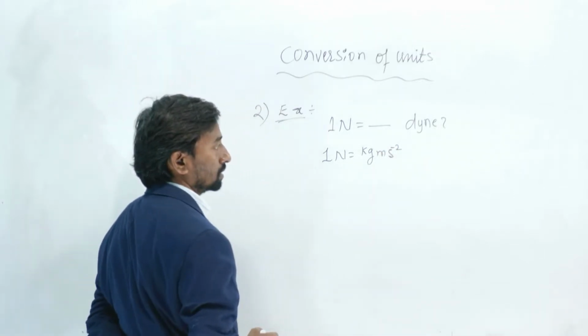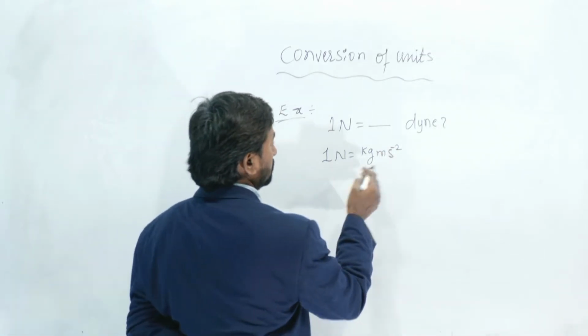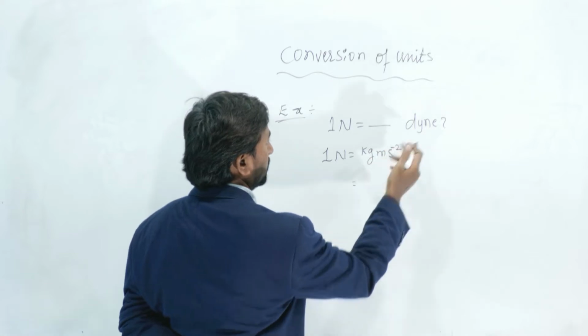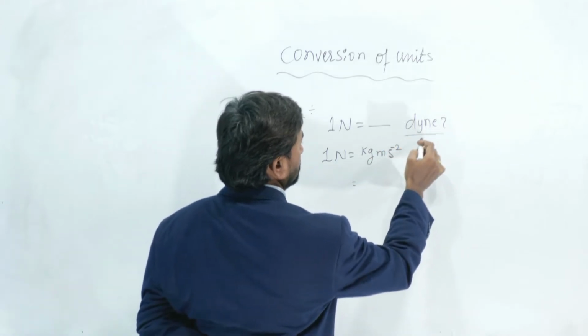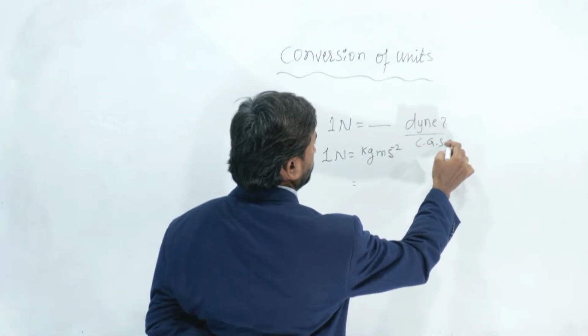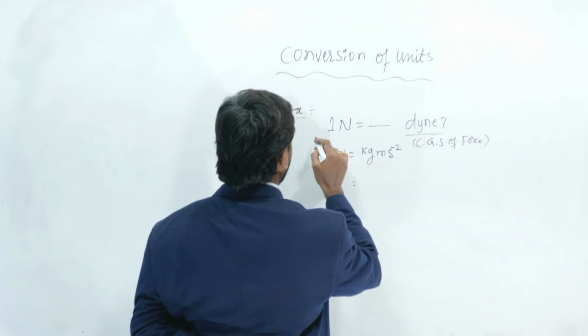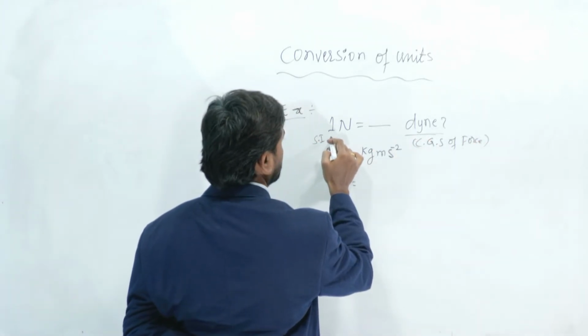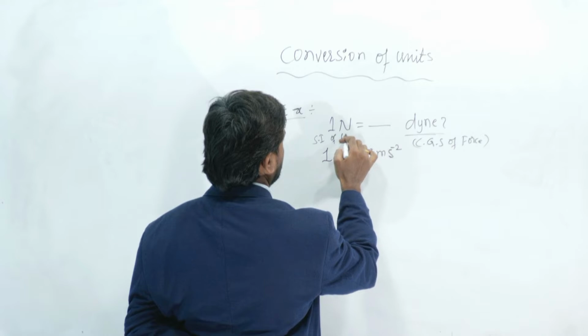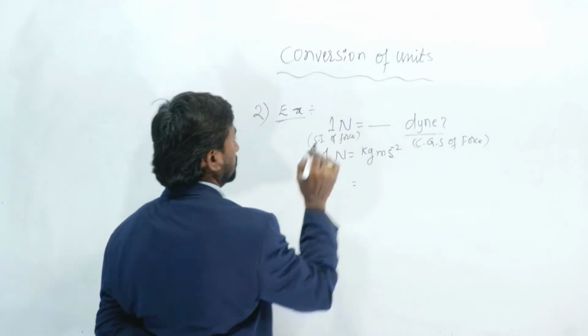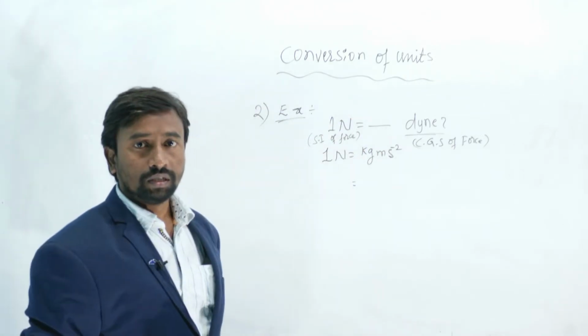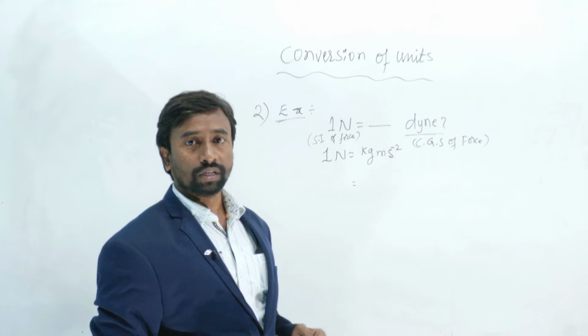Now this kg has to be converted into the CGS unit, dyne. Dyne is the CGS unit of force, and Newton is the SI unit of force.